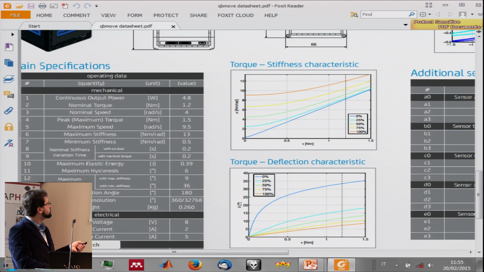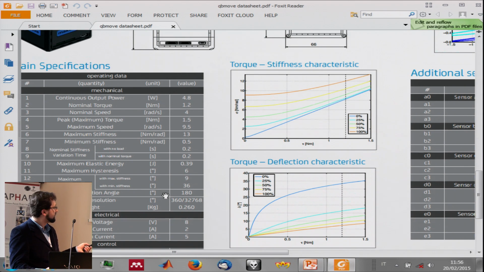And the angular resolution of the output sensor is 360 degrees divided by 32,768. This is 2 to the 15, because we use a magnetic sensor inside this kind of device.